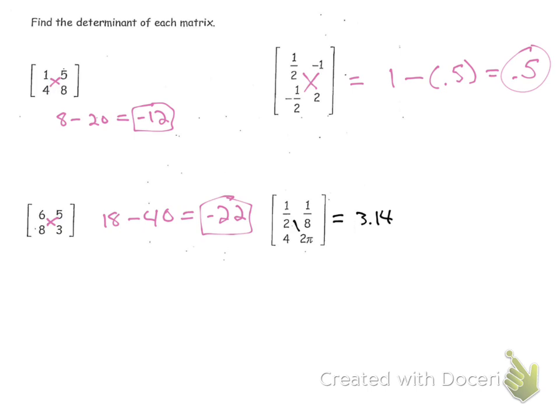You can write 3.14 or pi. Minus 4 times 1/8 is 1/2. If you subtract that, it's about 2.64. So that would be the determinant of those matrices.